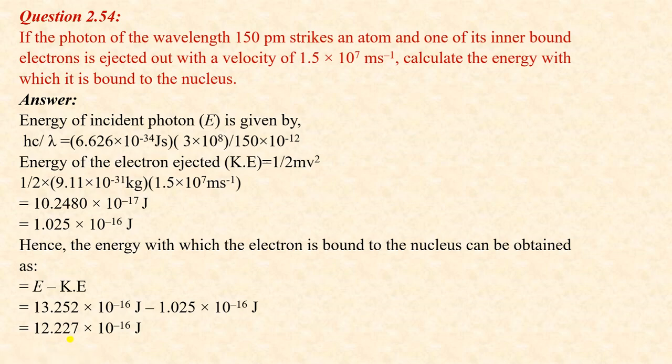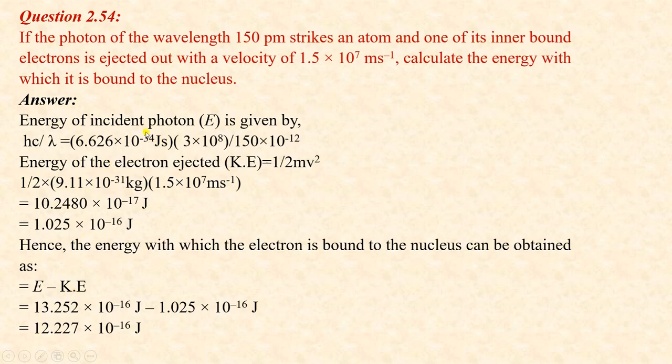Now question number 54. In this question you have to find the work function, because the energy with which the electron is bound to the nucleus is equal to h nu naught, that is the work function. So the formula is E minus kinetic energy. First we have to find E, then find the kinetic energy and put them into this formula: W naught is equal to E minus kinetic energy.